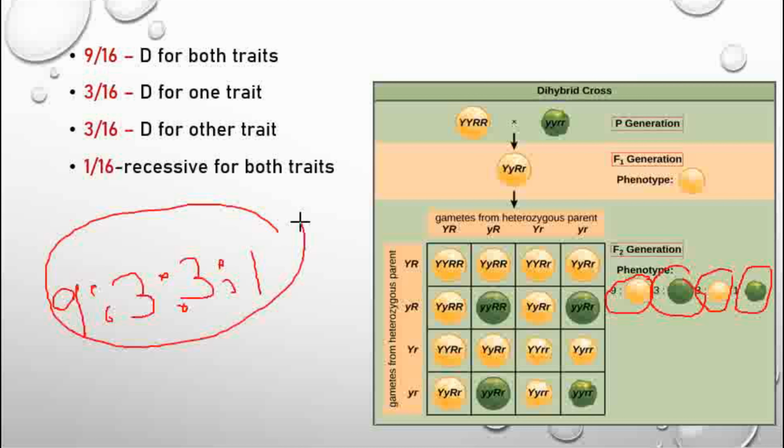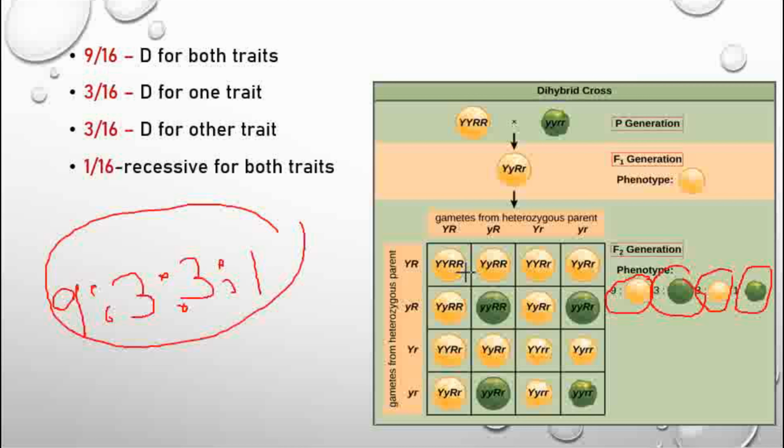So now let's see what this means, do you understand? In the 16, 9 is dominant for both the traits. You can check here, in both the traits, round and yellow, they are dominant.